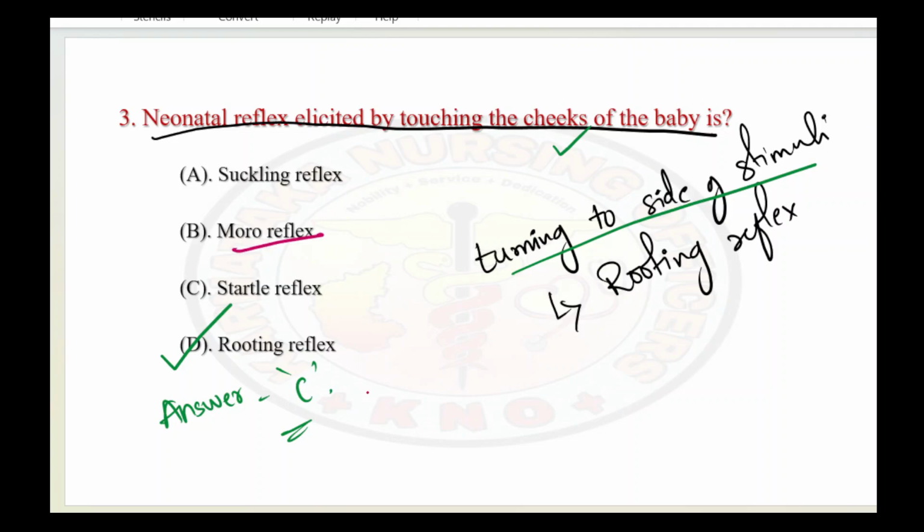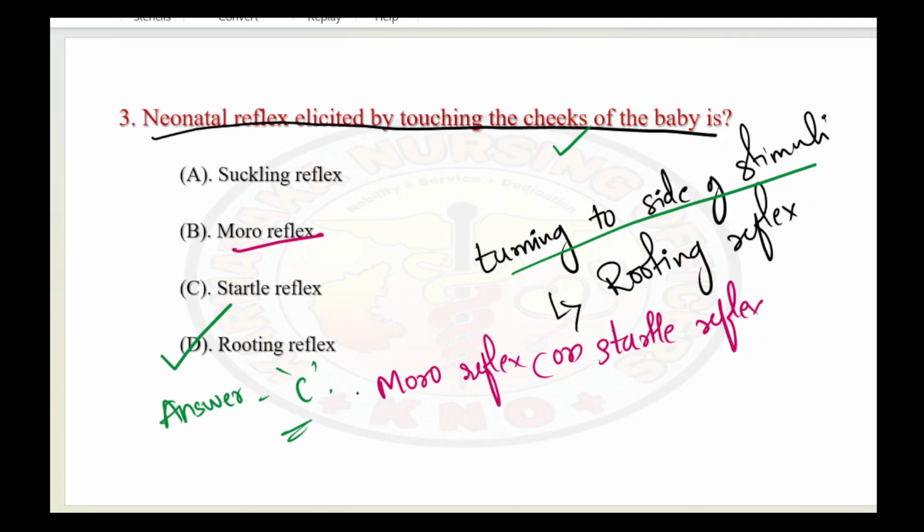And you should know what happens in Moro reflex. The other name for Moro reflex is startle reflex. Suckling reflex is nothing but whenever the child is put on to breastfeeding, the child will suck the nipple and try to get the milk. So that is the suckling reflex. If you see the Moro reflex, another name for it is startle reflex.